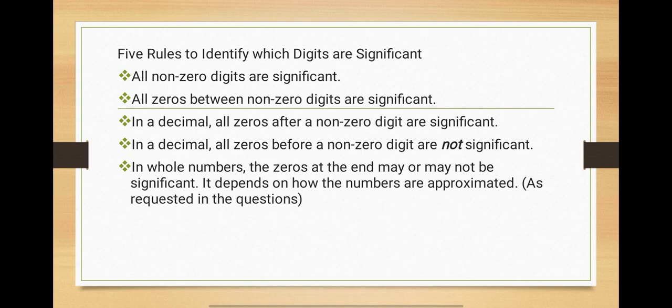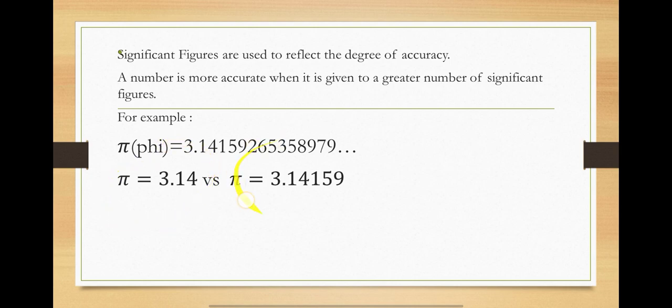So for SF, actually there are 5 rules to identify which digits are significant. For the first one, take a look there: all non-zero digits are significant. That's why for this pi, we just count the number of digits to find the amount of SF, right?